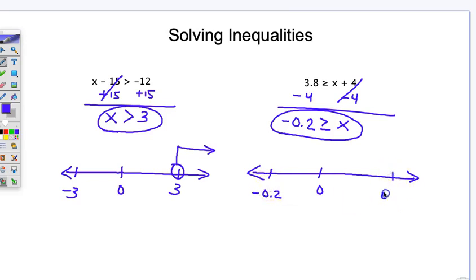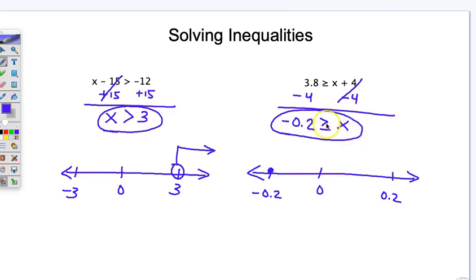And I'm just going to put a positive 2/10 over here just so we know where it is in relation to 0. I don't necessarily care about all the numbers in between 0 and this negative 2/10 or positive 2/10. It's just so that I know you know where the answer is on the number line. Because it's greater than or equal to, this time we're going to use a solid circle at negative 2/10.